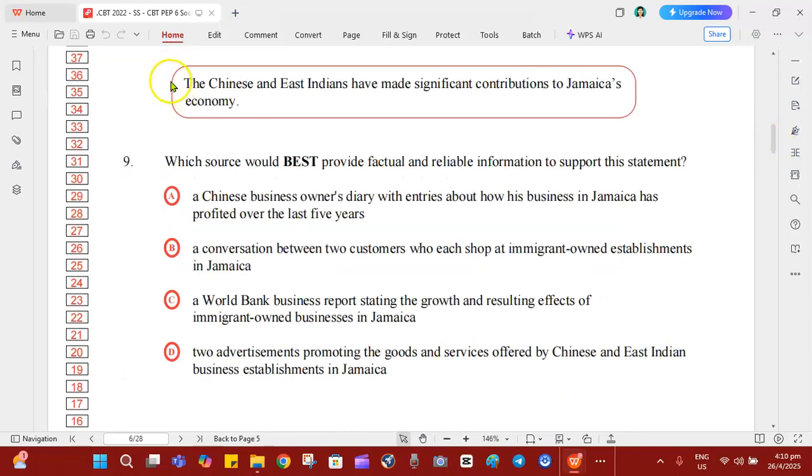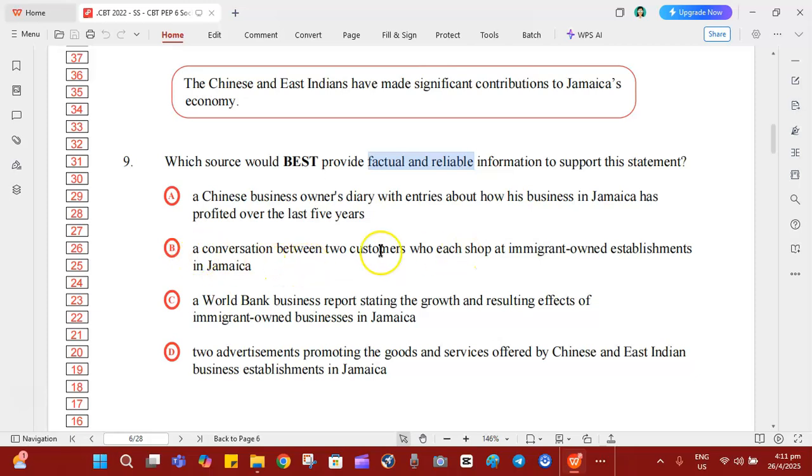All right. The Chinese and East Indians have made significant contributions to Jamaica's economy. Number 9. Which source would best provide factual and reliable information to support this statement? Factual and reliable. So it must be true and it must be reliable. It must be the facts and you can trust it. A says a Chinese business owner's diary with entries about how his business in Jamaica has profited over the years. He can lie in that diary.